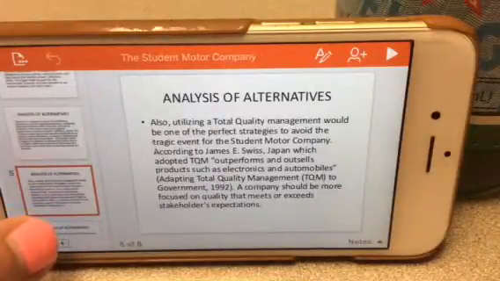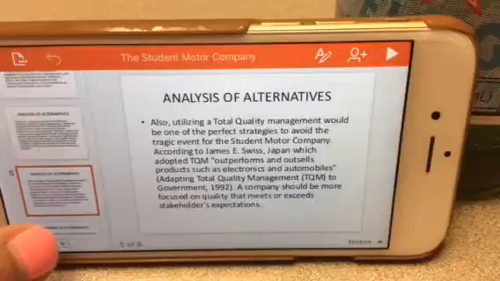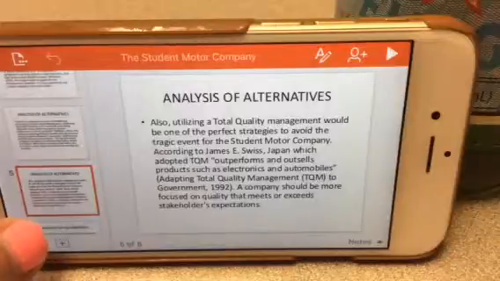Also, utilizing a total quality management would be one of the perfect strategies to avoid the tragic event for the Student Motor Company, and especially for the one that suffered from family members' death.